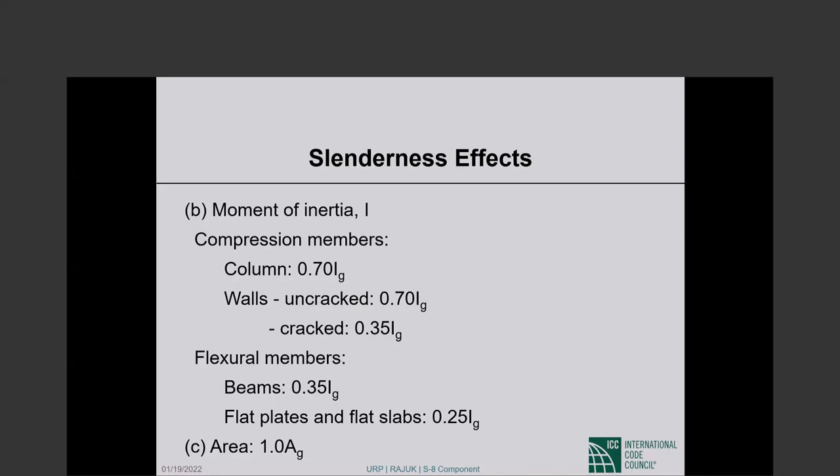Since ACI 318 has never given us really the stiffnesses to assume for structural analysis purposes, it has some general provisions, nothing specific. Most engineers started using these values given in section 10.10. And there are one or two places that are links between the two.